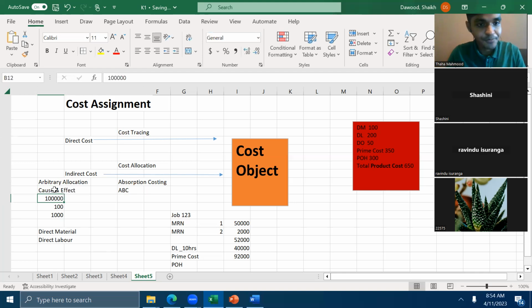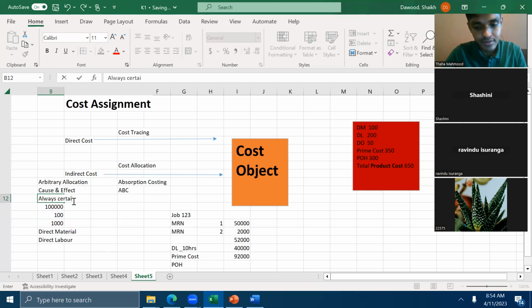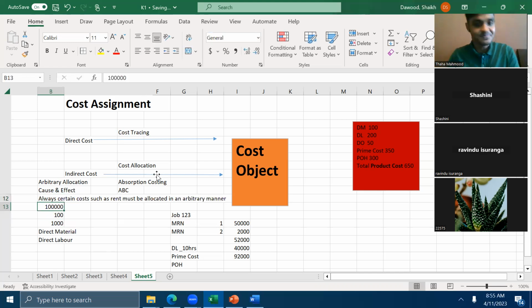So as our friend said, we can say that activity based costing is arbitrary plus cause and effect, because there are always certain costs such as rent that must be allocated, that is the word here, in an arbitrary manner.